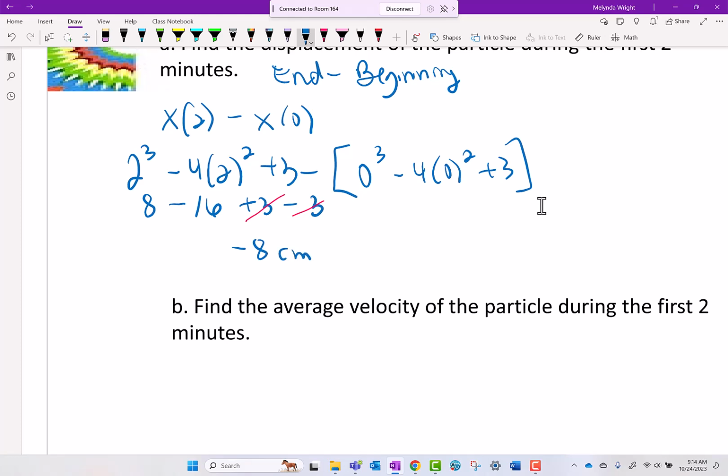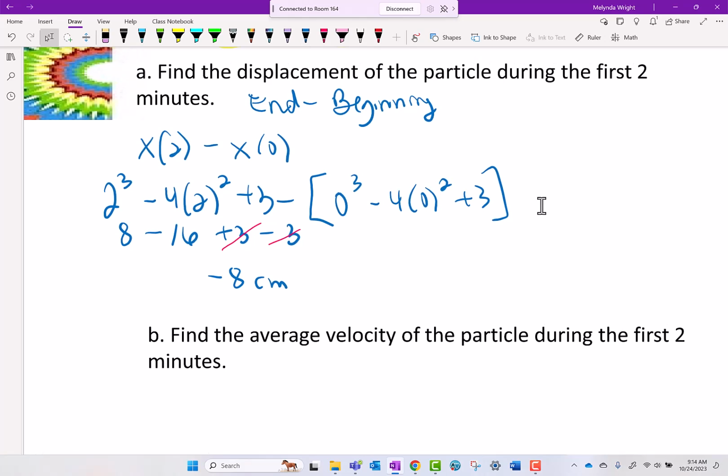So what does this negative 8 displacement mean? Negative means that we are left of where we started, right? We are left 8 units of where we started. That's how we've been displaced. Are we okay with that? Because they're going to ask us to actually interpret our answers sometimes. What does it mean that you're negative 8 centimeters?